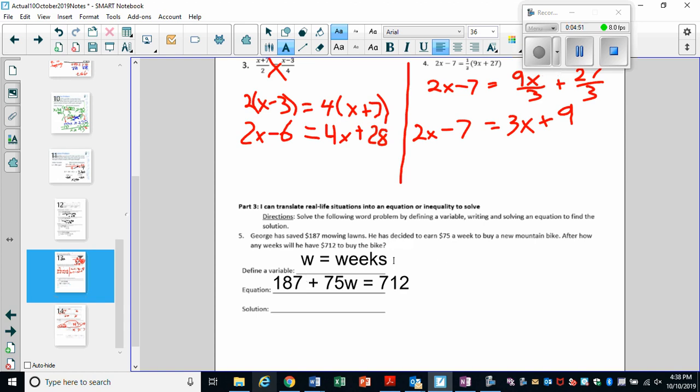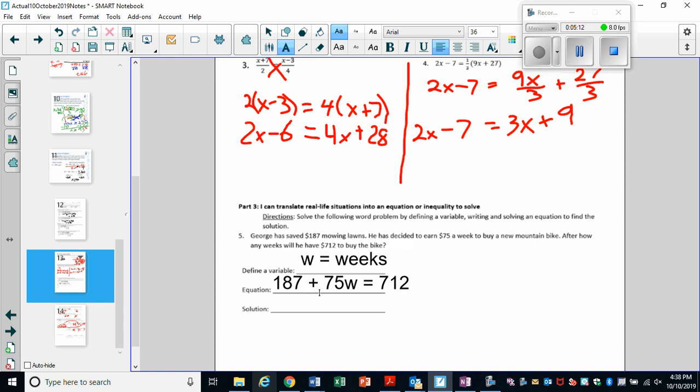So weeks, that's a variable. Our equation: 187, that's the base, plus 75 times W, because that is the rate times frequency, equals 700 total. So that's the setup for number 5.